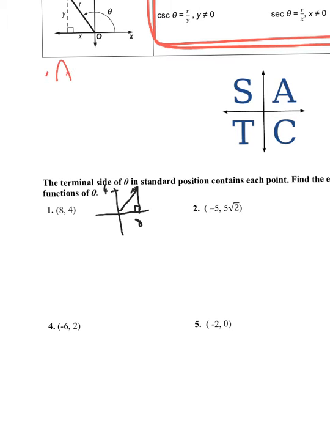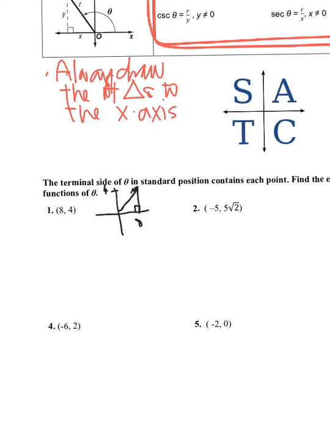So always draw the right triangles to the x-axis, and then your angle, your theta, will be at the origin. So always draw right triangles to the x-axis, like I did right here.